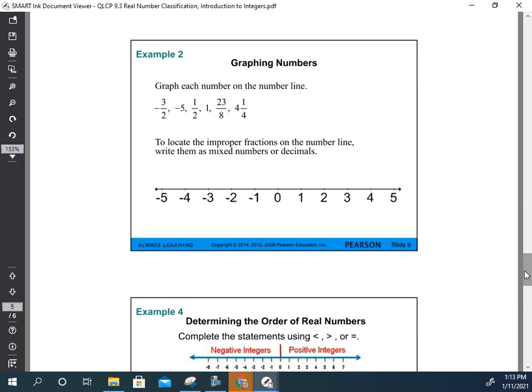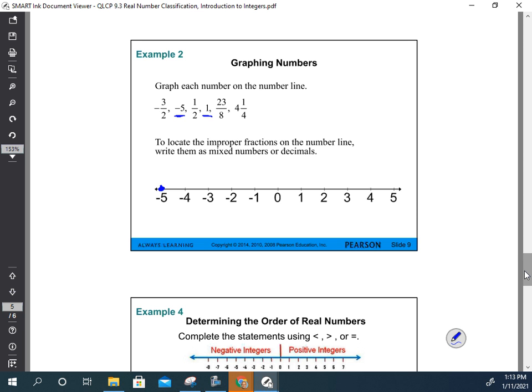All right, so let's practice that. Finding points on a number line. When you graph numbers on a number line, if it's a nice clean number, then you can go ahead and put it on the graph. So for example, -5 and 1, pretty easy to put on the graph.